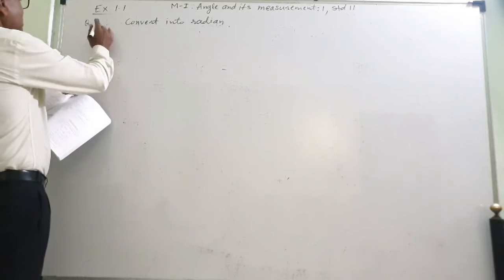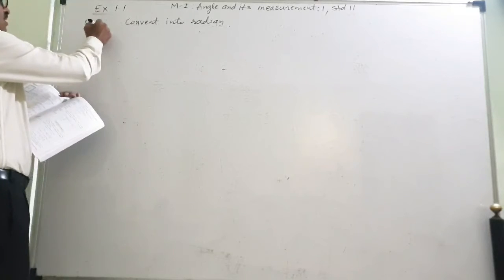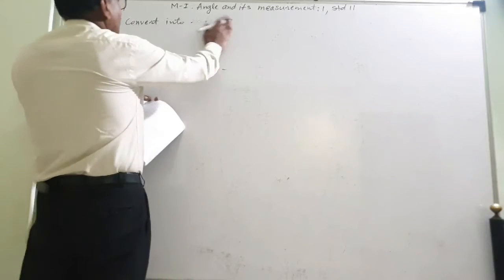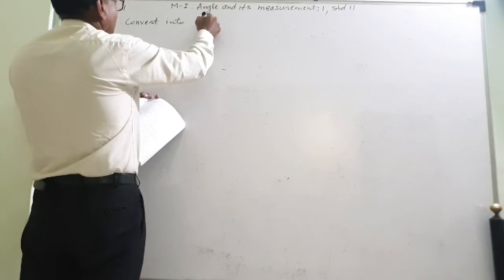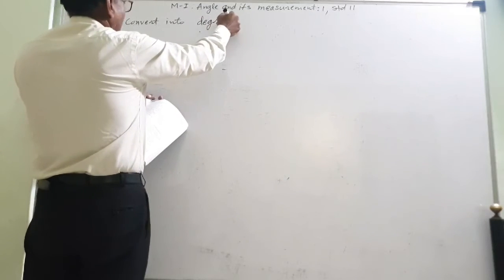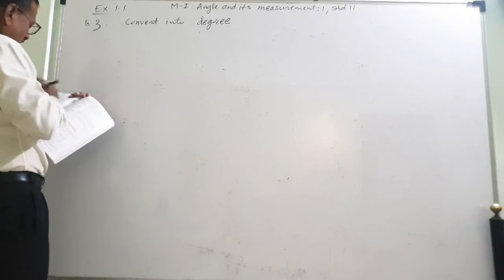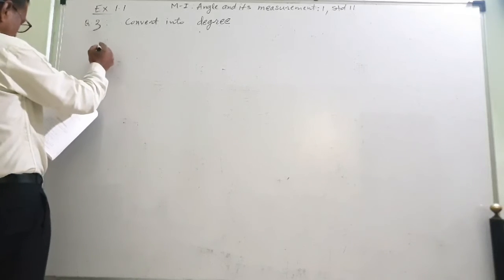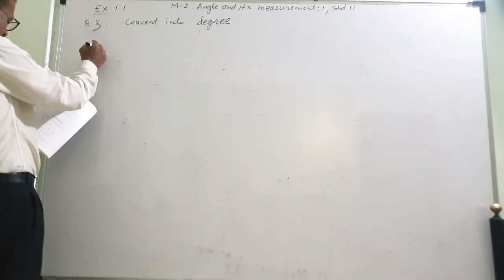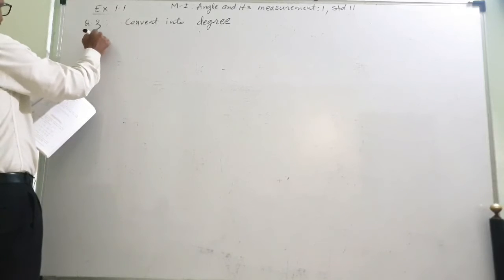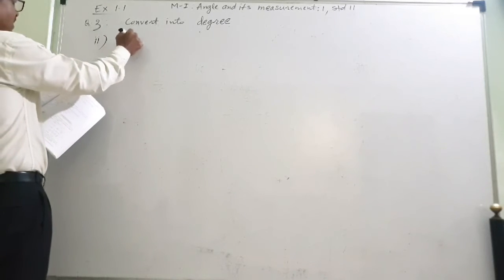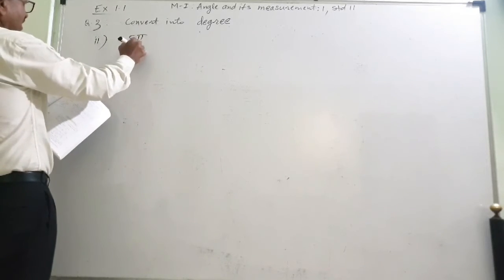Now question 3. Convert into degree. Out of that, the second one I will take: minus 5 pi by 3 radian.